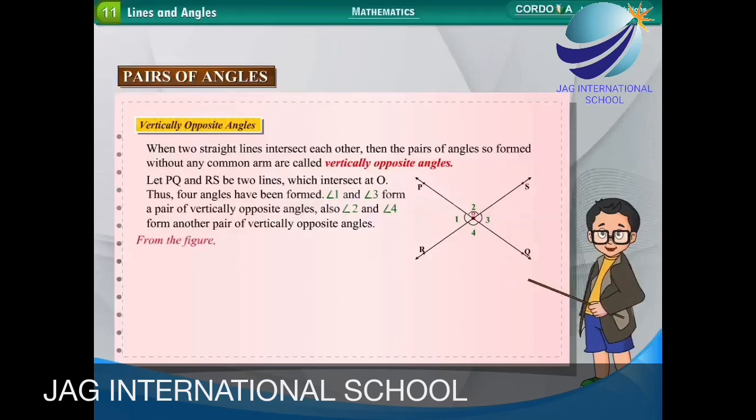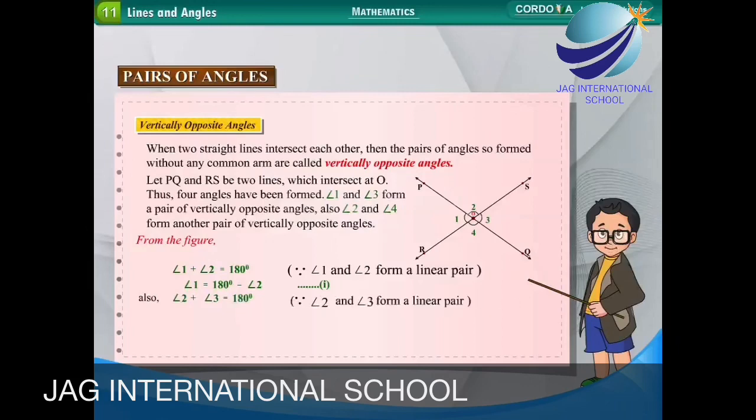From the figure, angle 1 plus angle 2 is equal to 180 degree, since angle 1 and angle 2 form a linear pair. Therefore, angle 1 is equal to 180 degree minus angle 2. Equation 1. Also, angle 2 plus angle 3 is equal to 180 degree, since angle 2 and angle 3 form a linear pair.